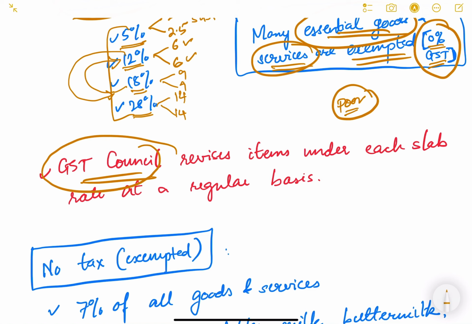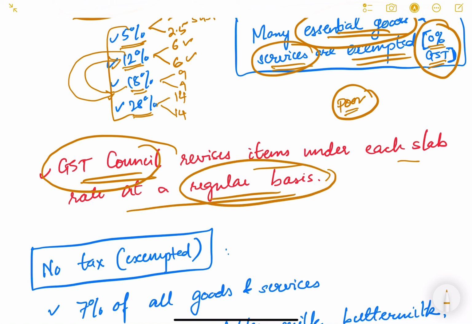Recently, I think the 46th or 44th meeting of the GST Council has happened, and they have revised a lot of things. You can see that in current affairs, and it revises the items under each slab rate on a regular basis. So depending on the market conditions, on the different feedbacks from industry and businesses that the finance ministry and other stakeholders are receiving, they will revise the items under each category.